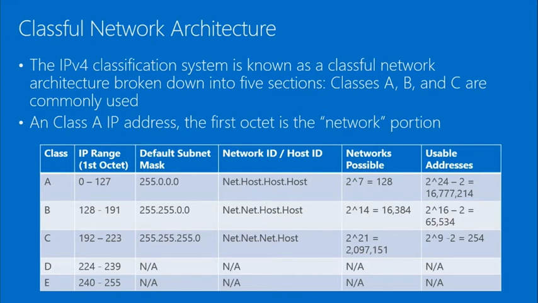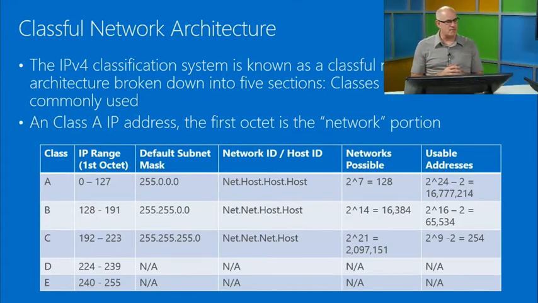255.0.0.0. Let's step back here for a minute. We're talking about network architecture. We're talking about classes and subnet masks and ranges. We've talked a little bit about subnetting already. The idea behind subnetting is having a network portion and a host ID portion of the address. The network portion designates what network my device is on. The host ID designates what my specific ID number is.